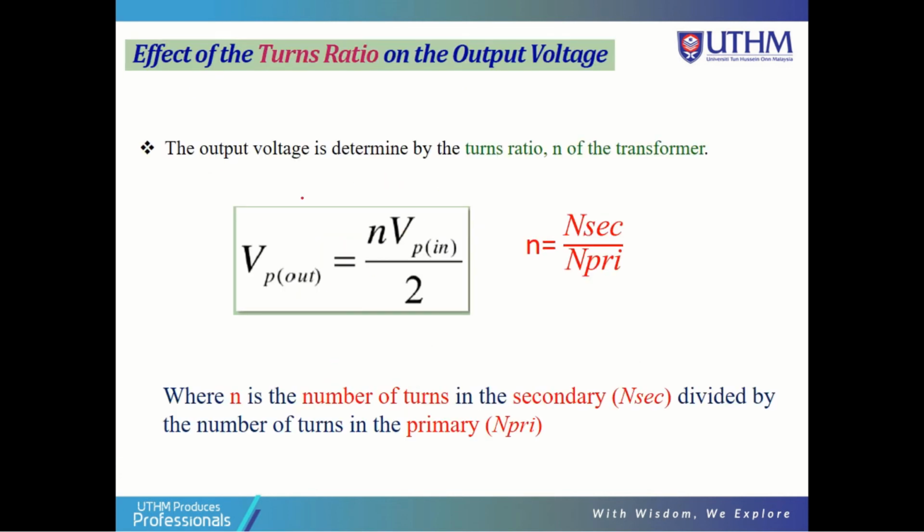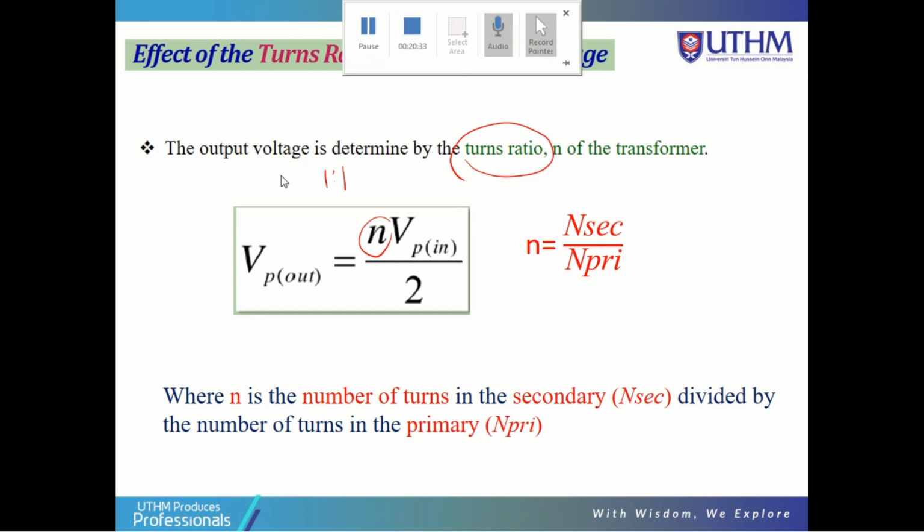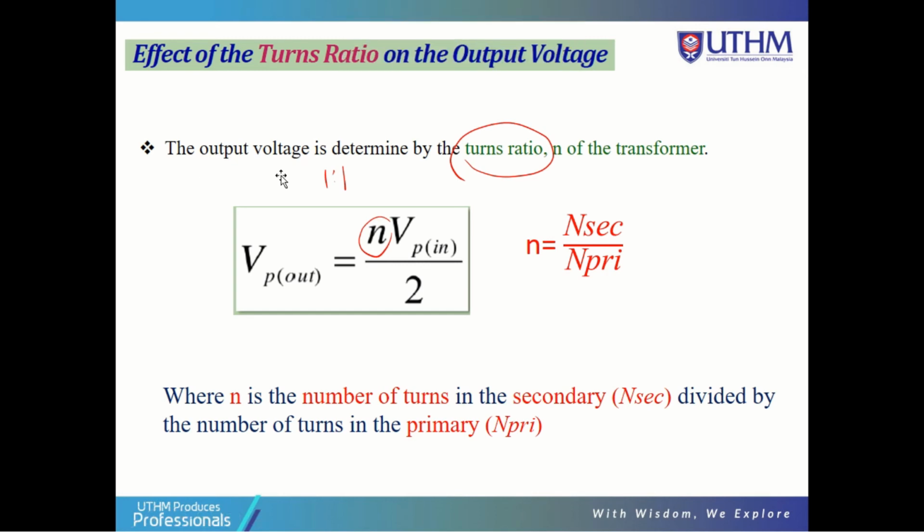So this is the formula to get V peak for the output. The output voltage is determined by the turn ratio N of the transformer. N is N secondary over N primary. Earlier N was 1, 1 to 1. Okay, this is the formula for V peak out.